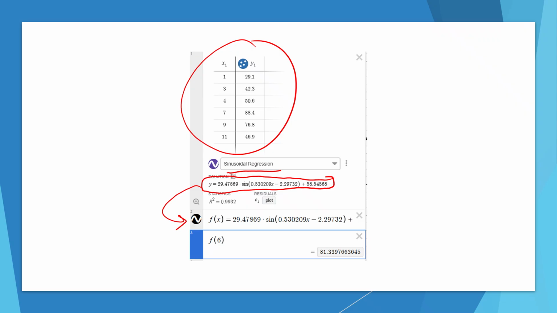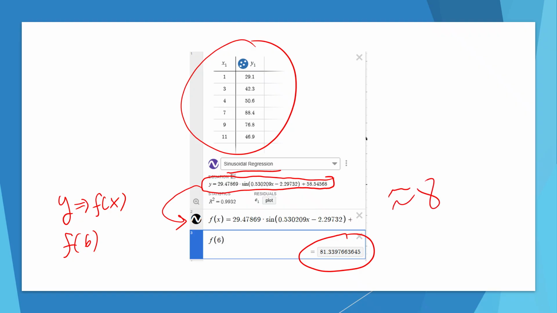I replace y with f of x. That way we have something to plug in. It's pretty much the same. And now I want to plug 6 into the equation. So that's going to be f of 6. And this should give us our answer, 81.339. So I'm just going to say 81 should be my answer for this one here.